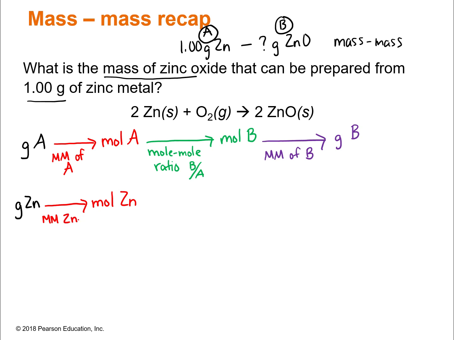So we're going to convert the grams of zinc to moles of zinc using the molar mass, which I will list here. Then we take those moles of zinc and convert to moles of zinc oxide.